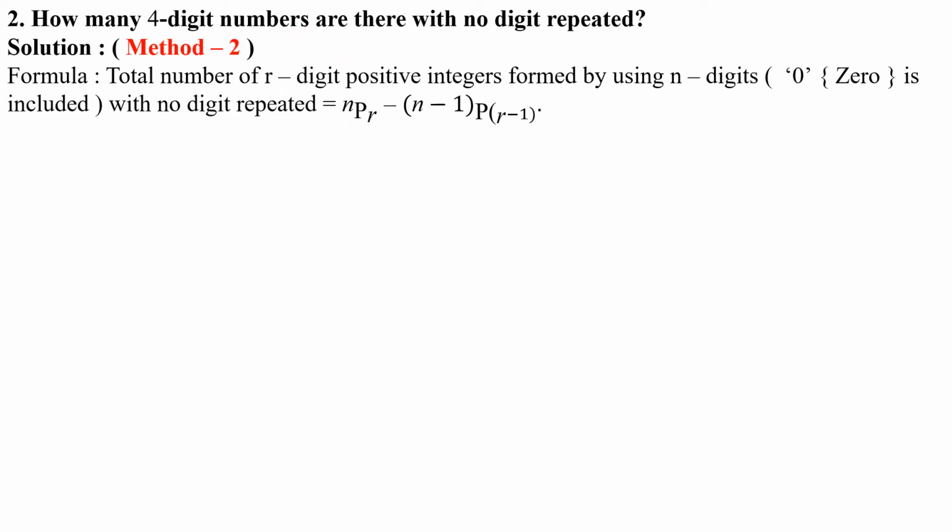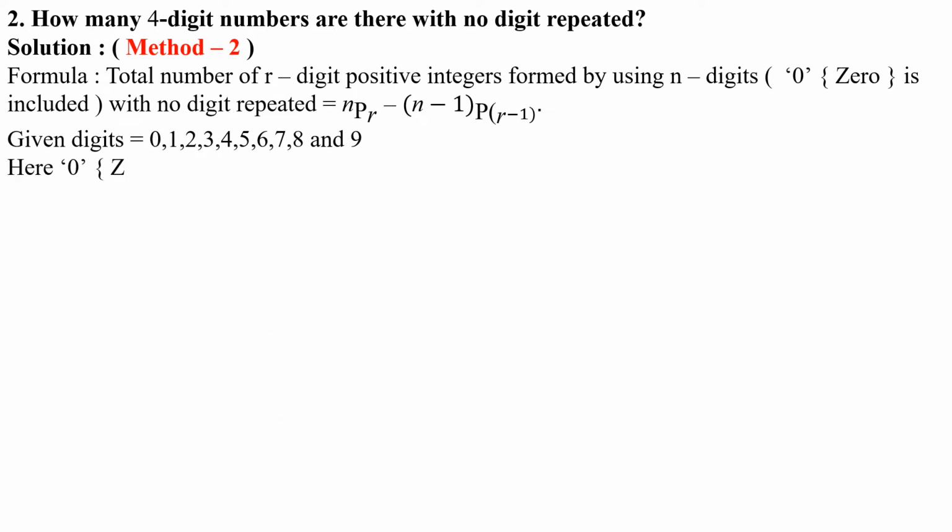Okay, my children, right. Given digits. What are the given digits here? 0, 1, 2, 3, 4, 5, 6, 7, 8 and 9. Count here how many digits are given? Total 10. Means here n is equal to 10. Understood this point, my children?